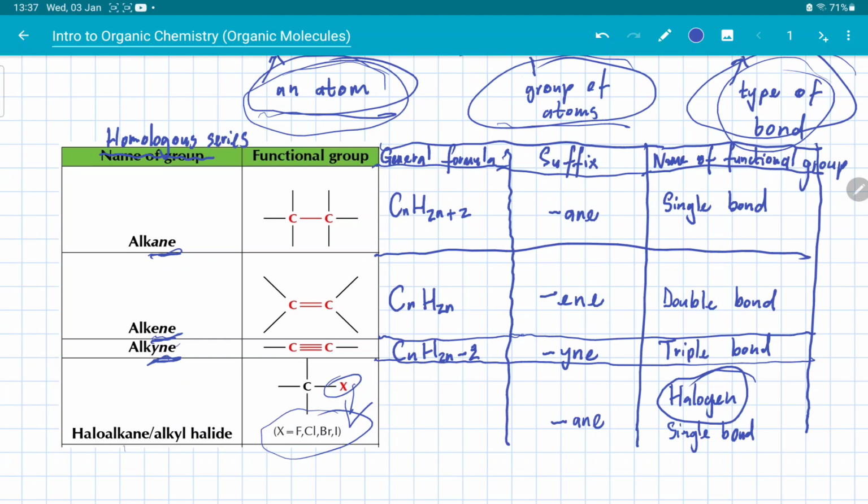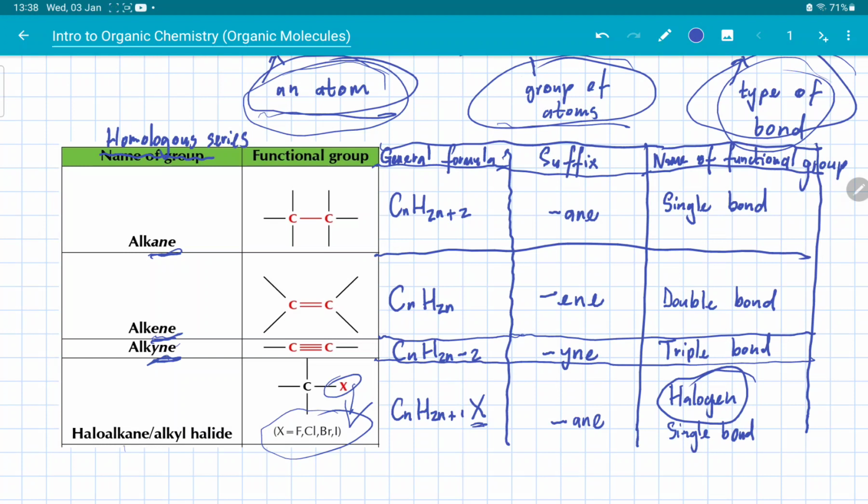Then the general formula for haloalkanes is CnH2n plus 1 X. That X will stand for whatever halogen is present in that molecule.